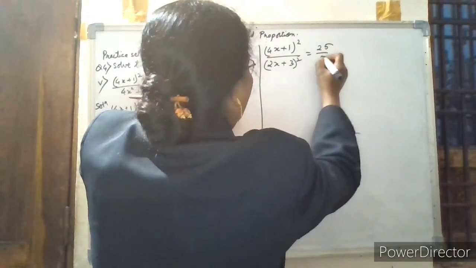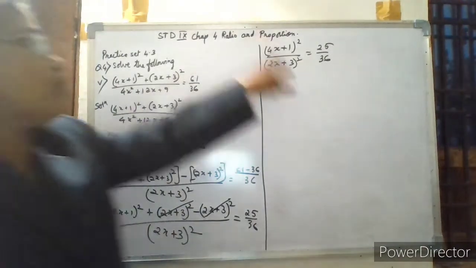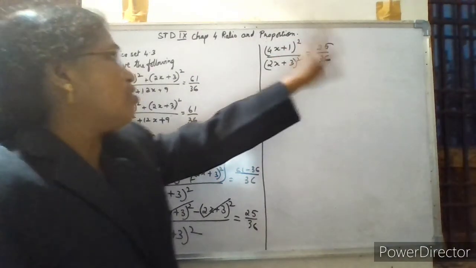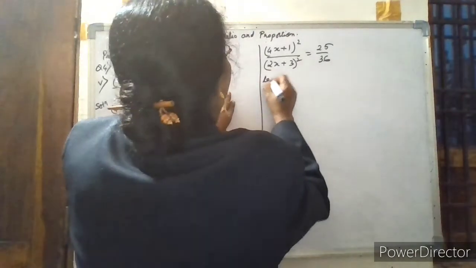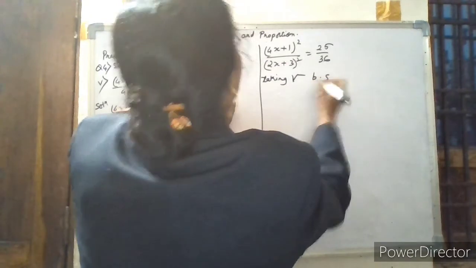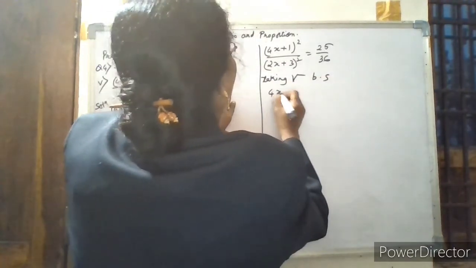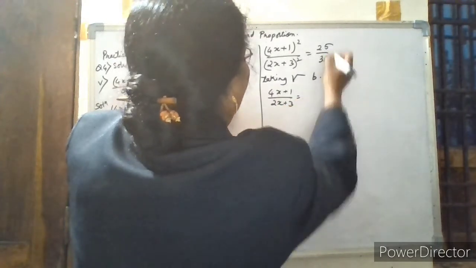Now on both the sides you can see that they are squares, and this is also a square number. So taking square root on both the sides, we are left with 4x plus 1 upon 2x plus 3 equal to, root of this will be 5 by 6.